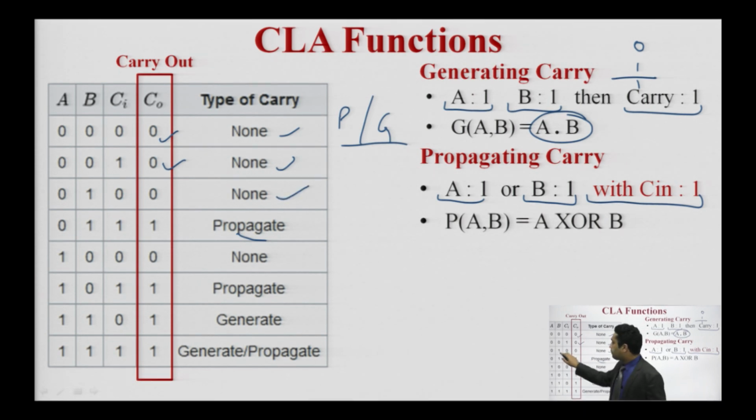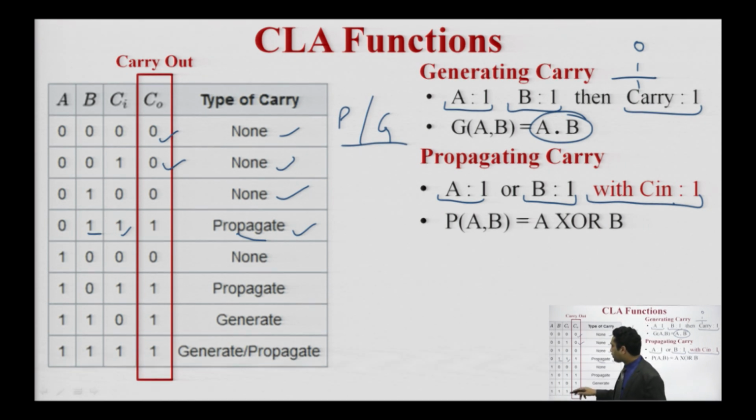Similarly, this condition is false, so we are saying no generation of carry is there. But when either A or B is 1, yes, here it is, and the input carry is also 1, in this case the carry propagates. Not a new carry is going to be generated, just the older one is going to propagate to the next cycle.